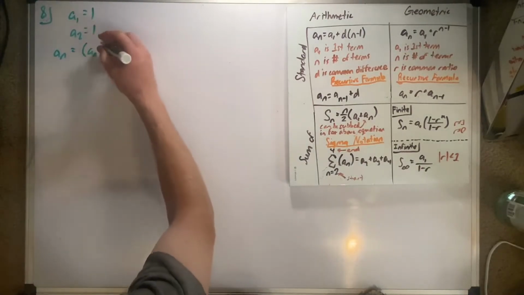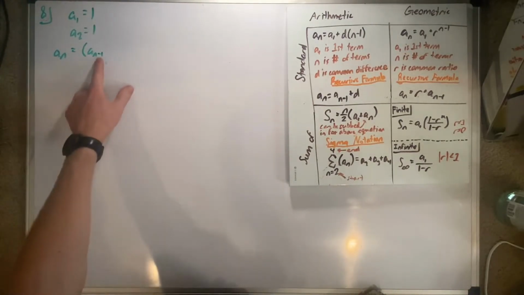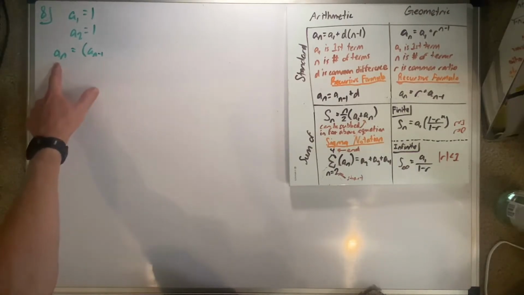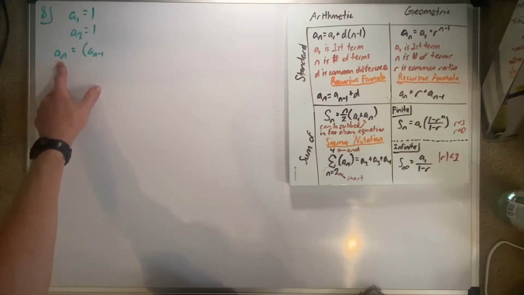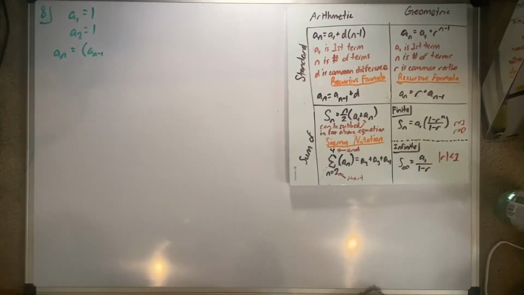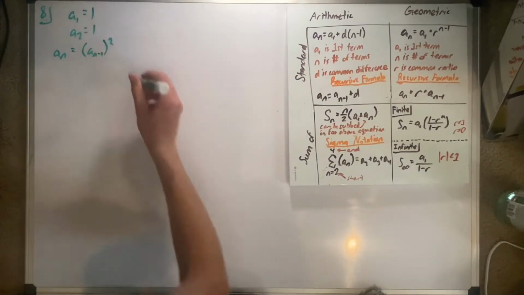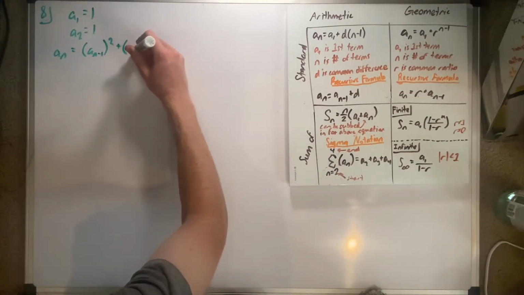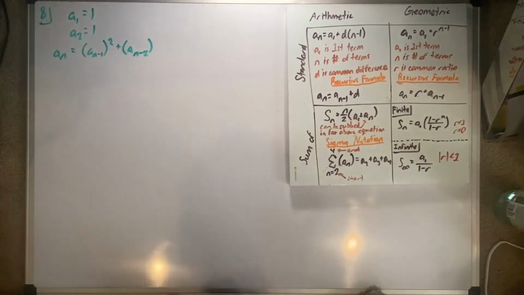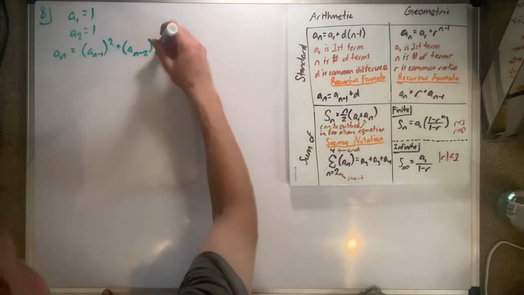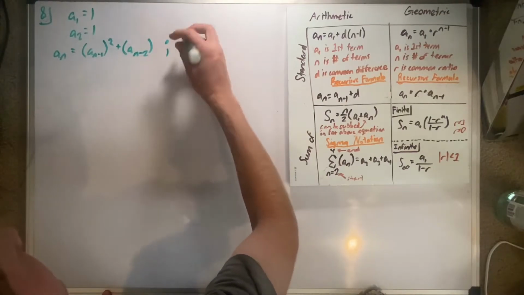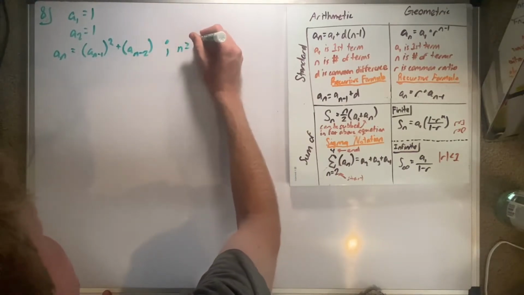AN minus 1, where every time you see this n minus 1 or n minus 2 or n plus, you have to think of the number before or after, or this many before or this many after the number in question. That number squared plus a n minus 2, so the number 2 before the number in question, for all times where n is greater than or equal to 3.